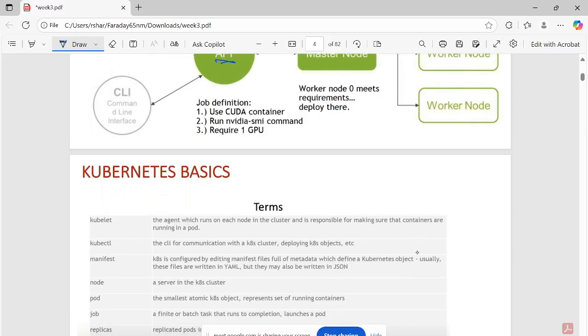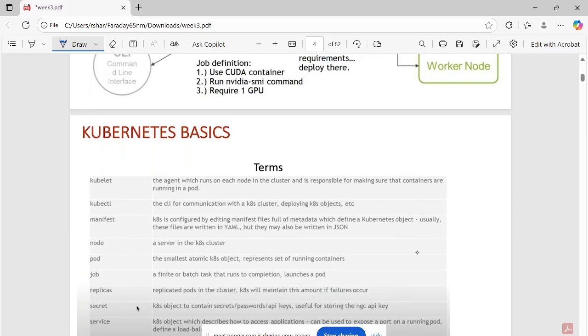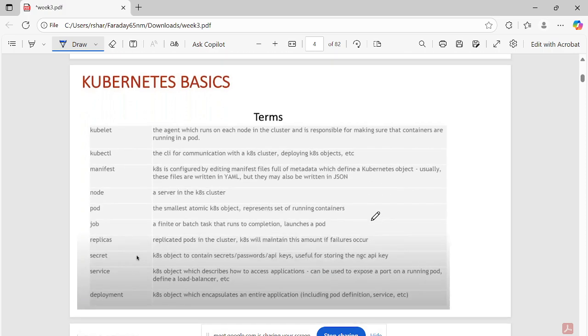So the basic terms in Kubernetes, the terminologies. Kubelet is an agent which runs on each node in the cluster and is responsible for making sure that the containers are running in a pod.